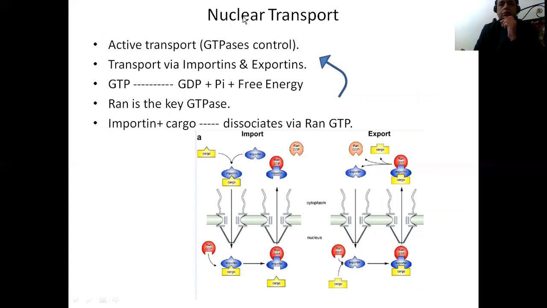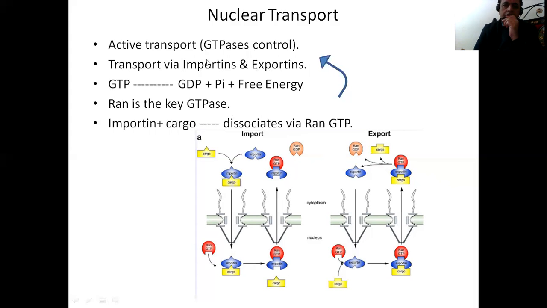How is nuclear transport active or passive? In active transport, the transport is controlled by GTPases. There is a GTPase-controlled system. The transport via importins and exportins is taking place. Importin alpha and beta and exportins are involved in the transportation in and out, and in this process, GTP, guanosine triphosphate, is converted into GDP with a free phosphate group and free energy.